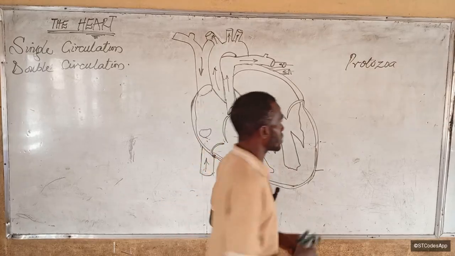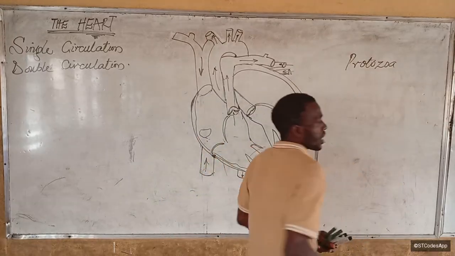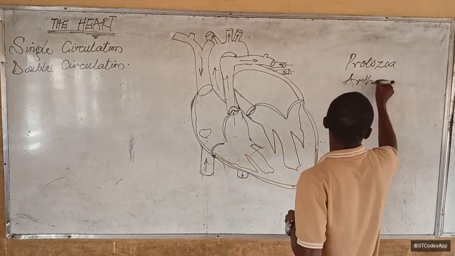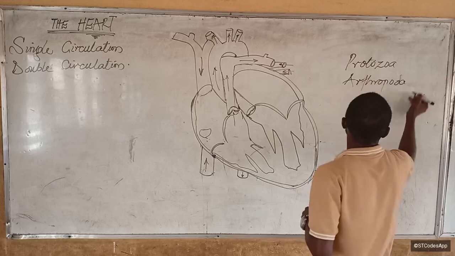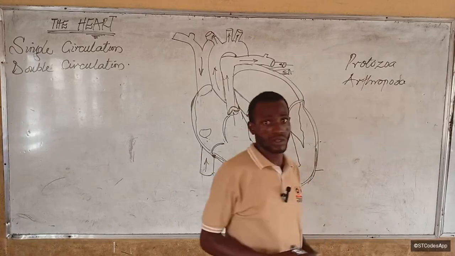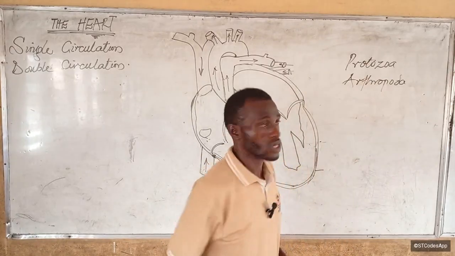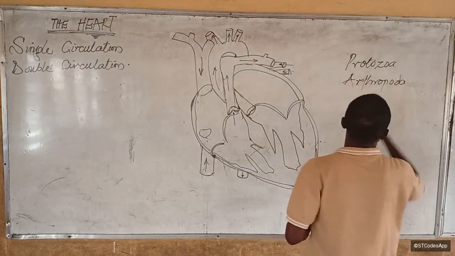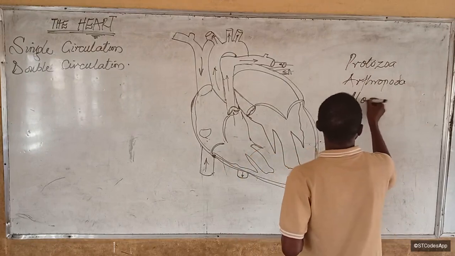Proto, early, zoa, animal. So we'll go from this level down to the arthropoda. Then we'll go to basically the insects, those are the arthropods.